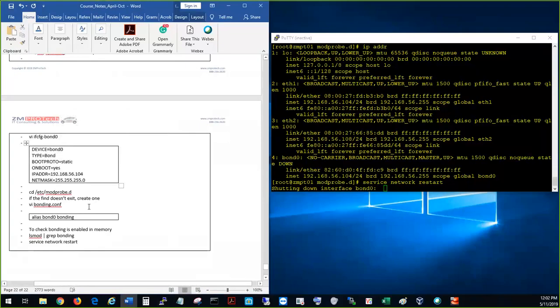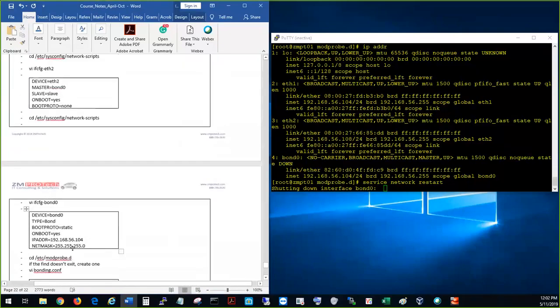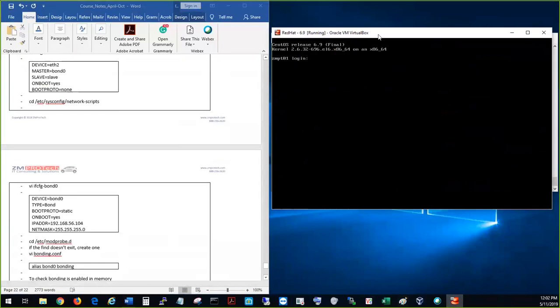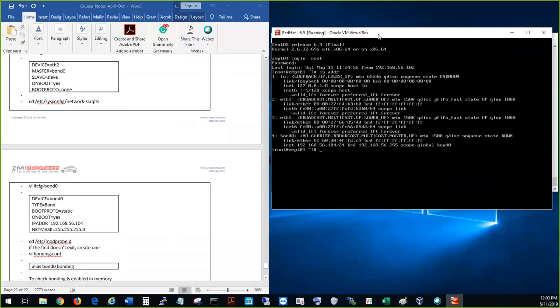And let's see, ETH4. Okay. Let's see here if we could connect now.